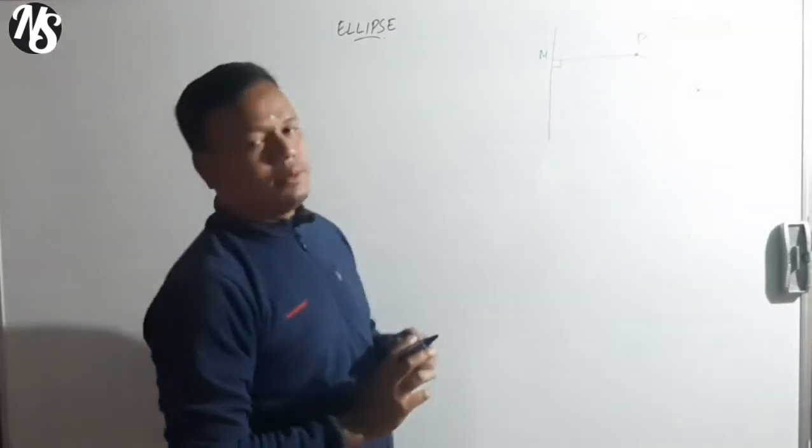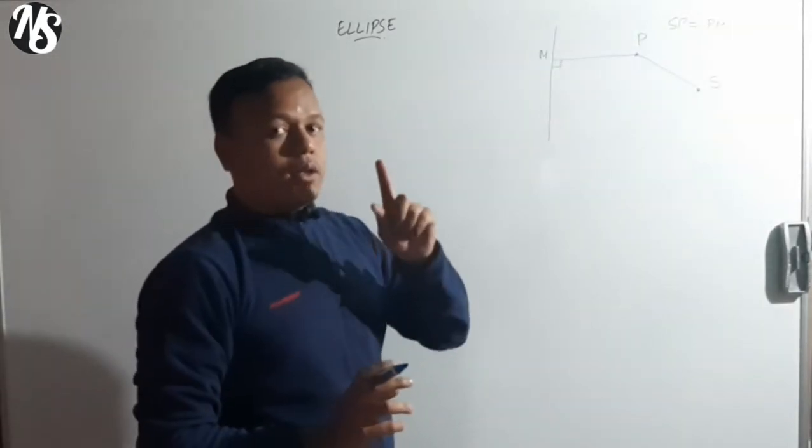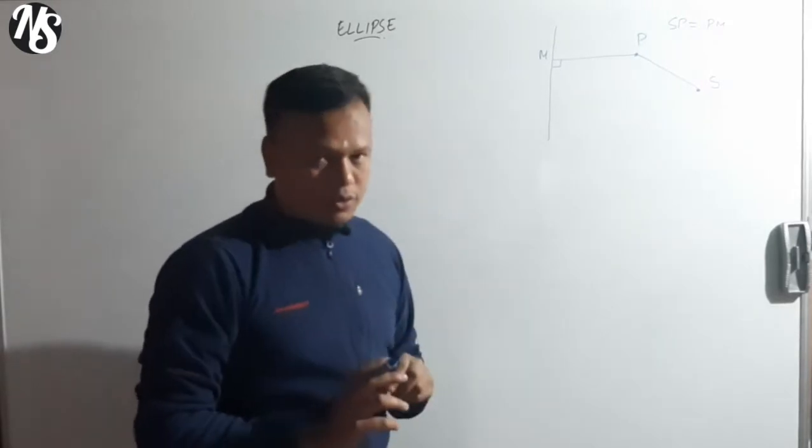But in case of ellipse, two fixed points are given to you.